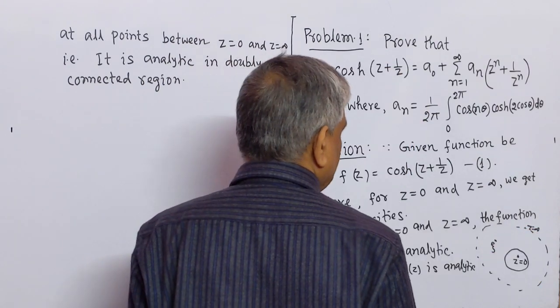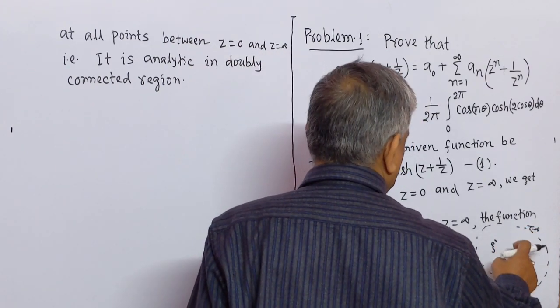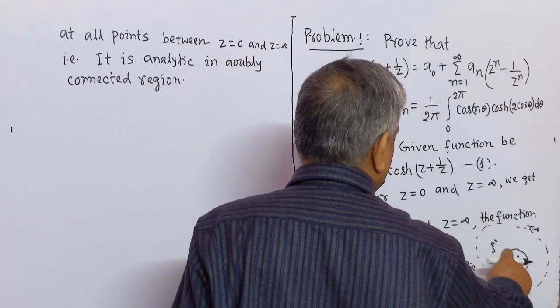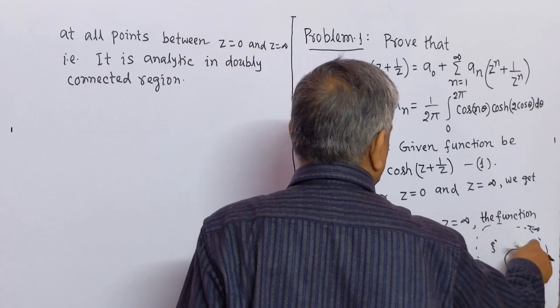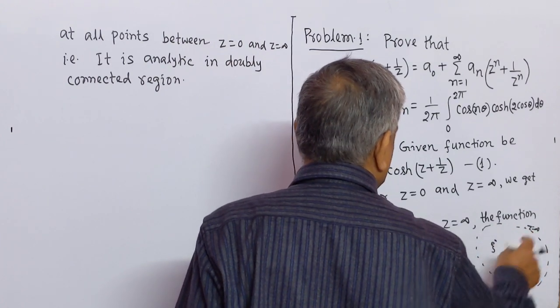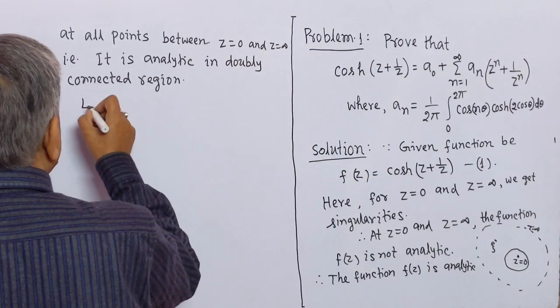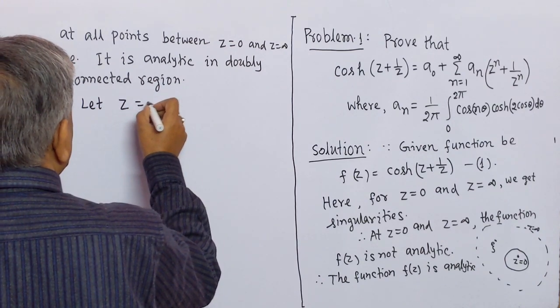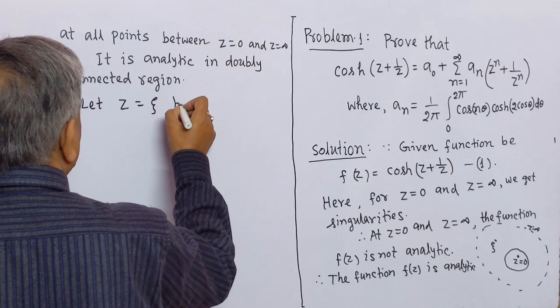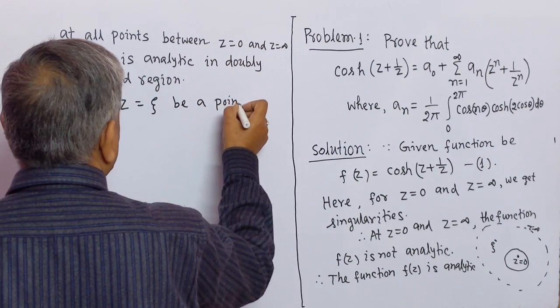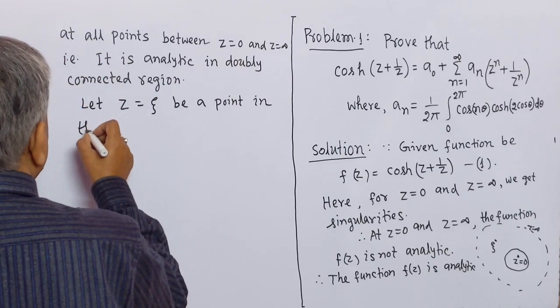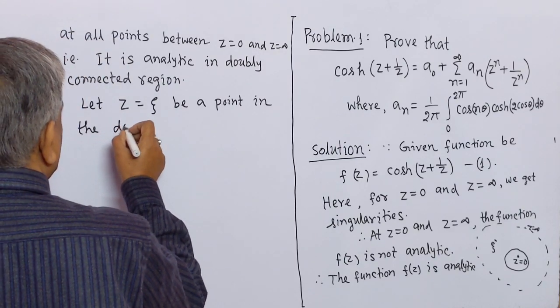The function is analytic between this circle and this circle, that is analytic at all points in doubly connected region. Let z equal to ξ be a point in the doubly connected region.